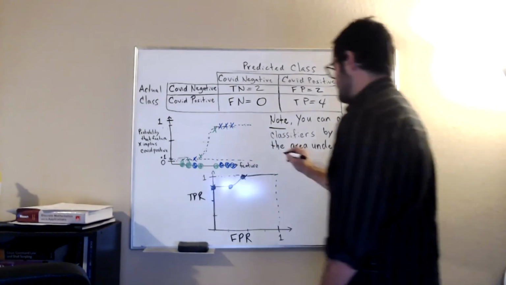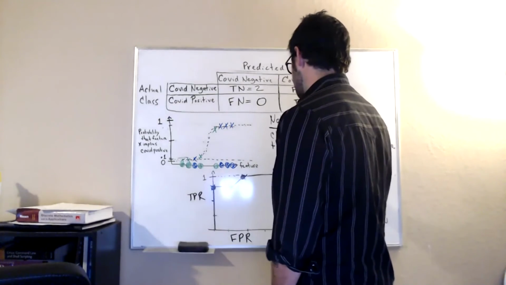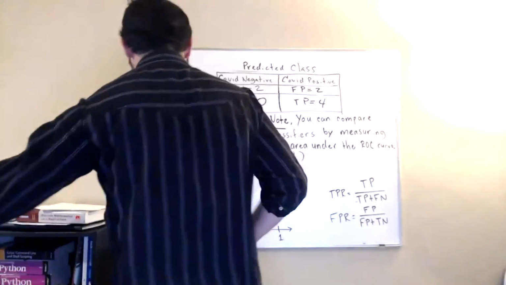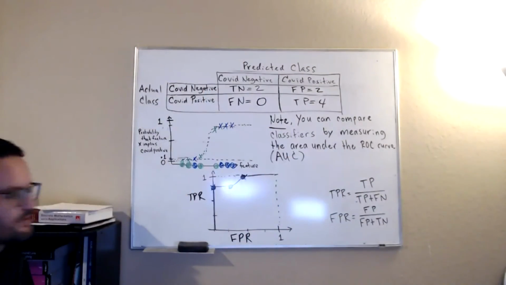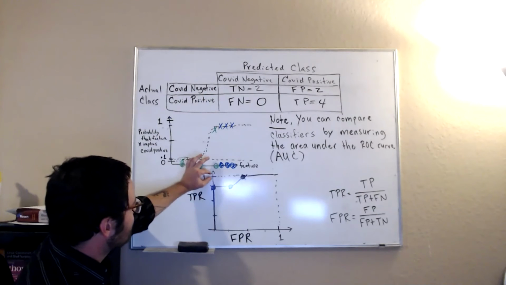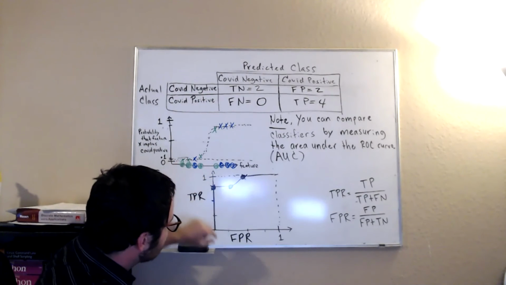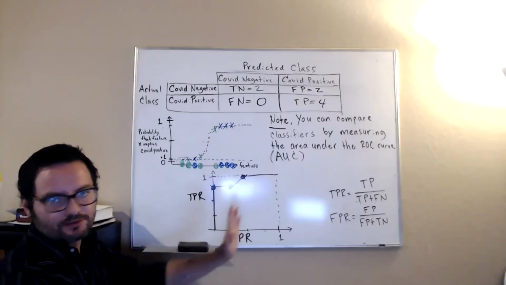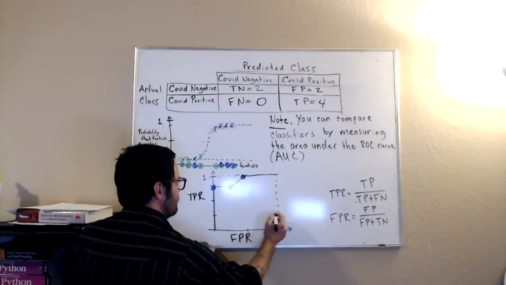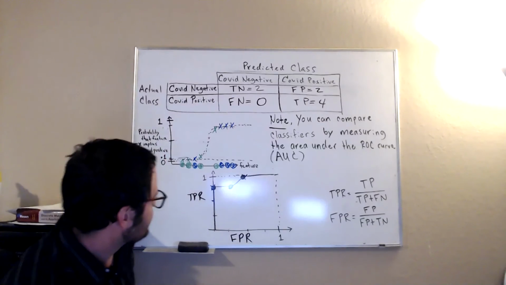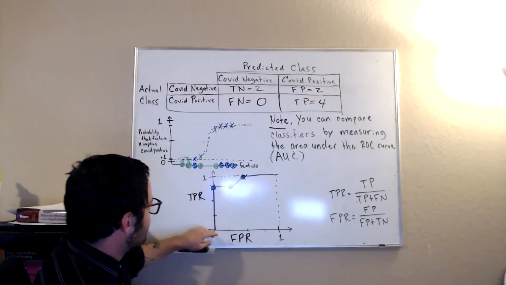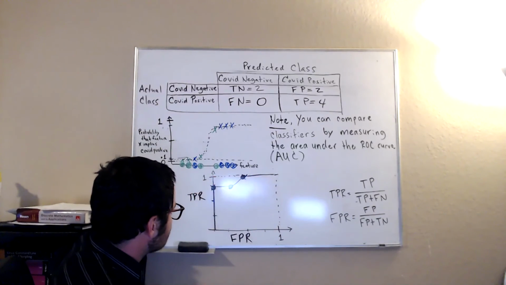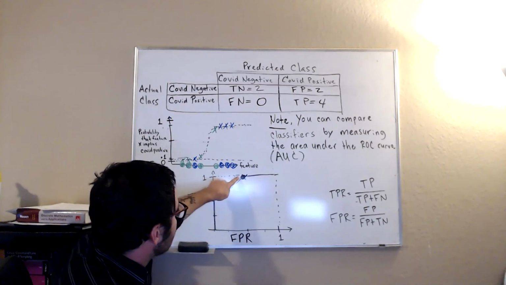This is called the AUC, area under the curve. A perfect classifier, an absolutely perfect classifier, would have a true positive rate of 1 and a false positive rate of 0 for any threshold that you pick, and the area would be 1. For any threshold you pick, you're always going to have a true positive rate of 1, and your false positive rate is not going to change that.